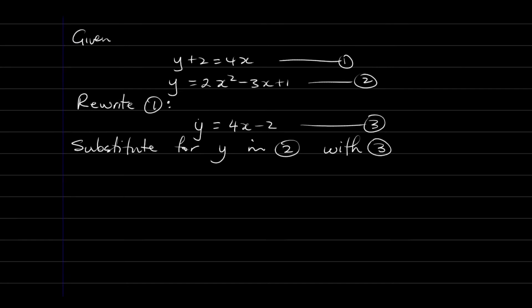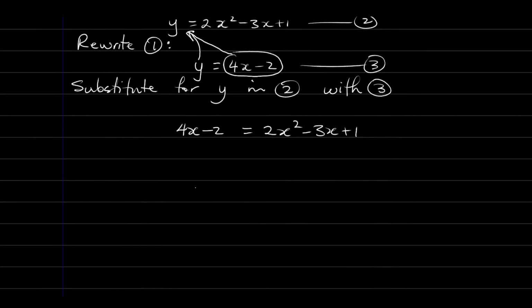Right? So I'm going to take this and replace y here with this. Since y is equal to that, I'm just going to replace that with that. So I'm going to have here 4x minus 2 is going to be equal to 2x squared minus 3x plus 1.